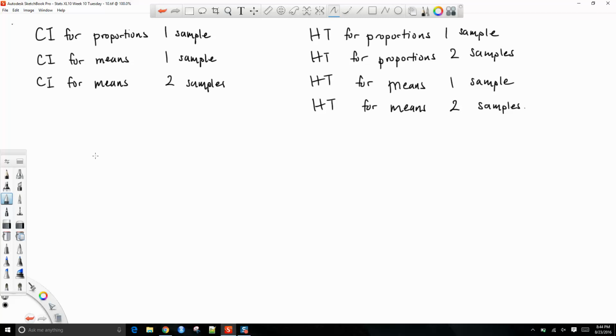Basically, to decide between proportions versus means: if the data is categorical, you're dealing with proportions.